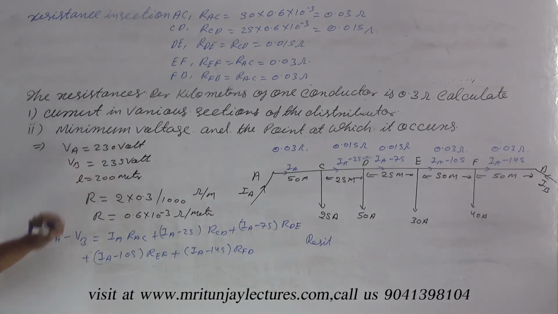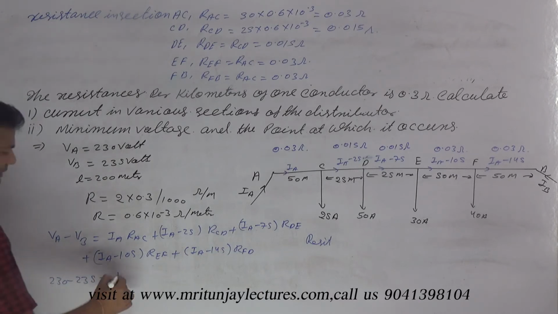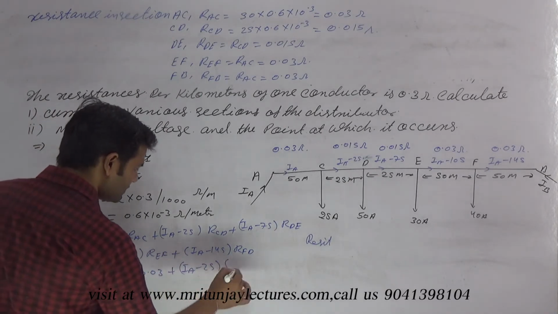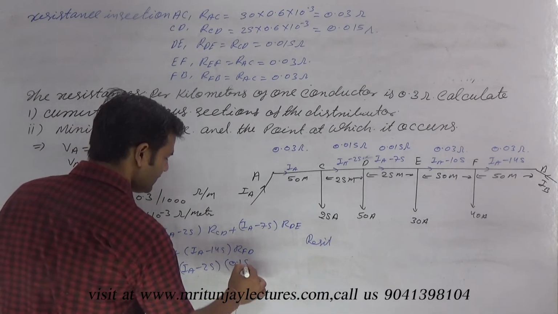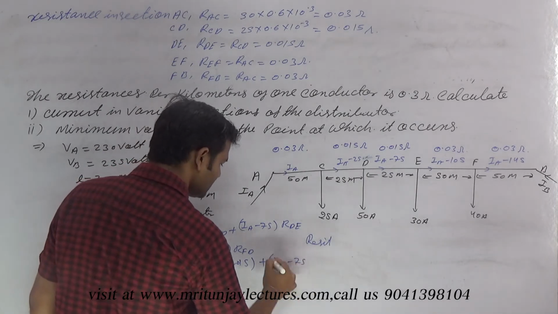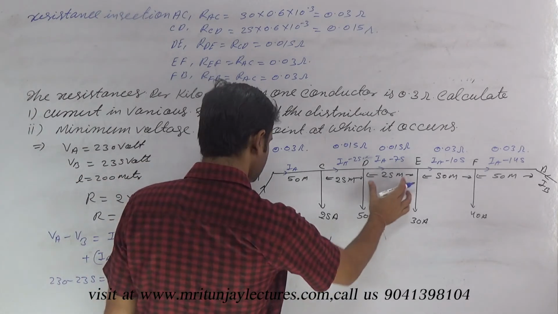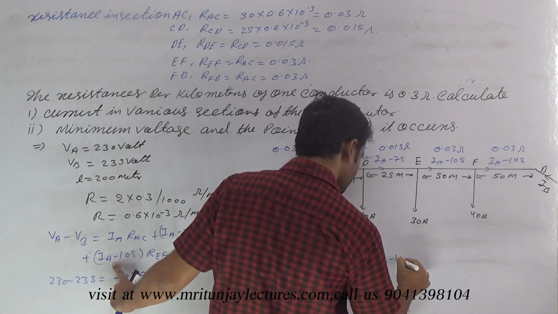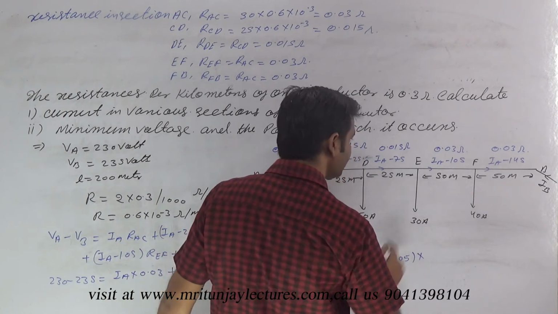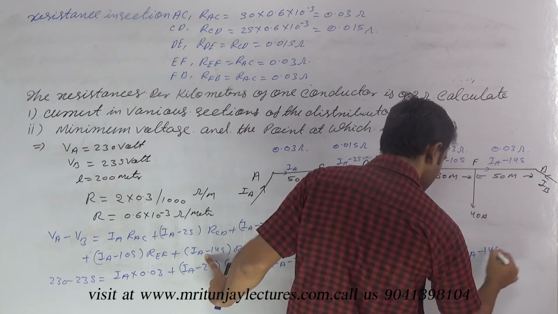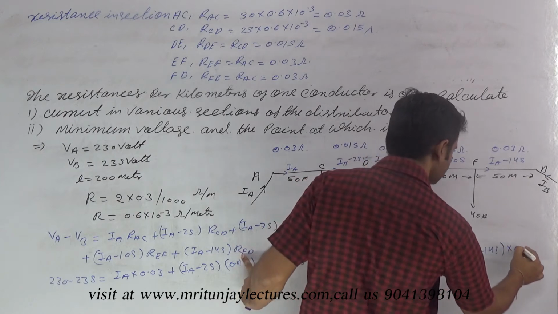VA minus VB is 230 minus 235, which equals IA into 0.03, plus IA minus 25 into 0.015, plus IA minus 75 into 0.015, plus IA minus 105 into 0.03, plus IA minus 145 into 0.03.